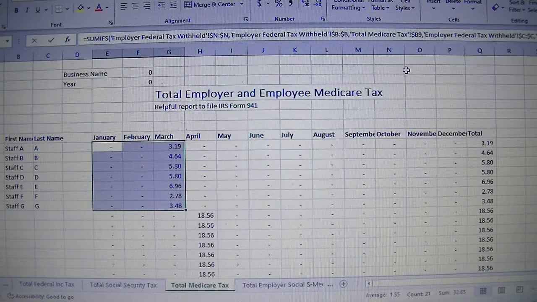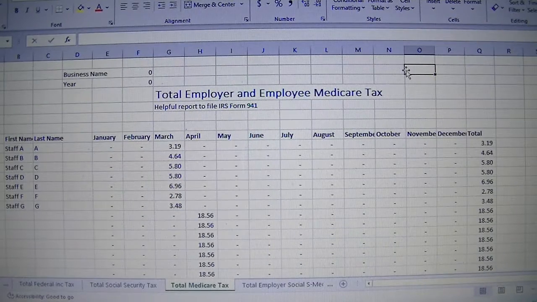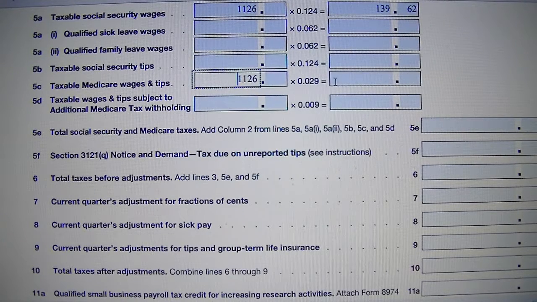In fact, we can do that calculation here as well. The one on the form said to take 1,126 times 0.029, if I'm right. So 32.65. So you'll put 32.65 in the second column for line 5c.